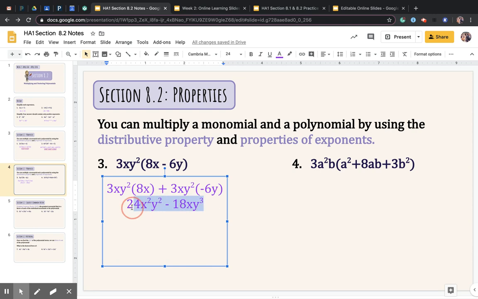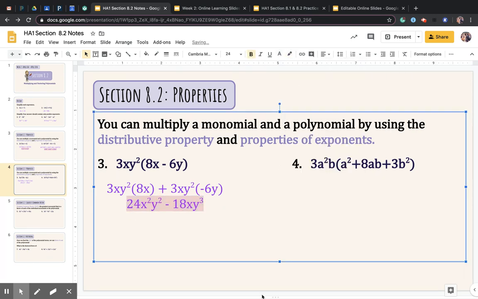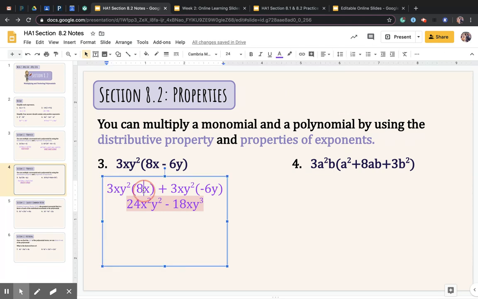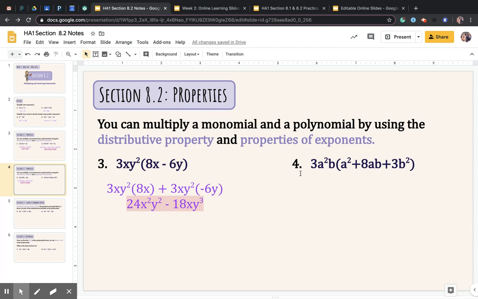And this is our final answer. So notice in this one, the x's changed, and then in this one, the y changed. Okay, let's do number 4.